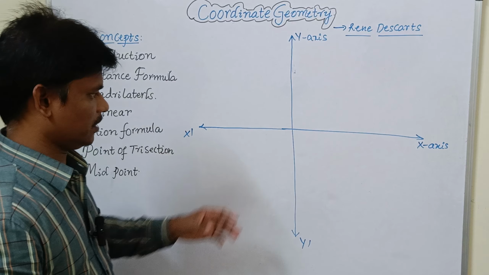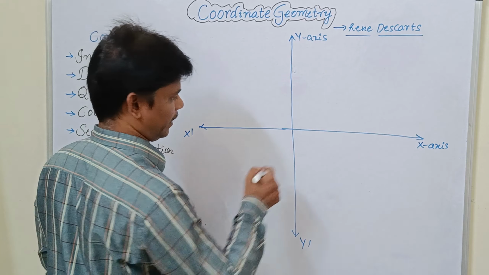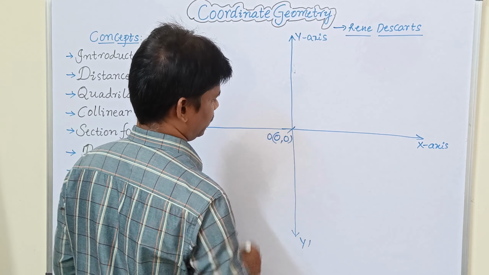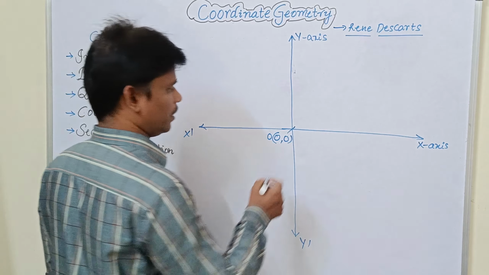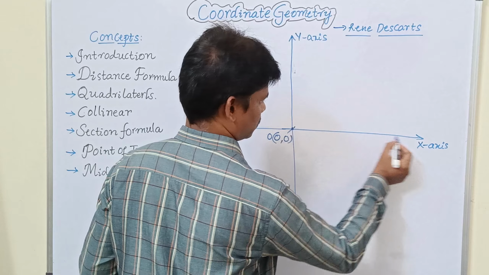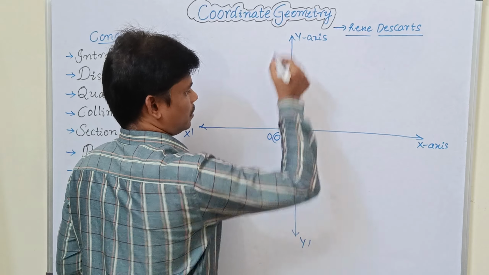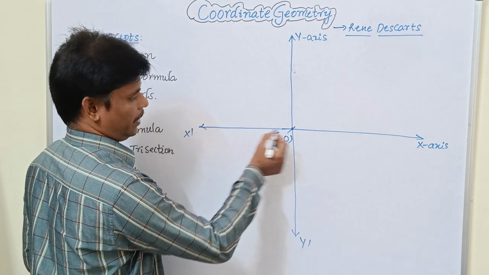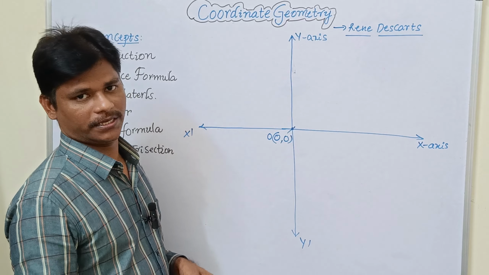These two references, horizontal and vertical, intersect at the origin. That point, 0, 0, is called the origin. Origin to x is called the positive x-axis. O to y is the positive y-axis. O to x dash is the negative x-axis. O to y dash is the negative y-axis.